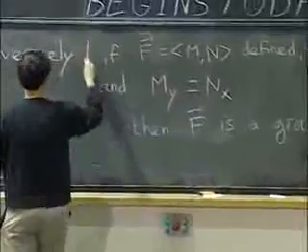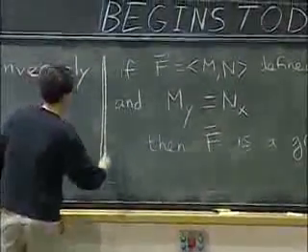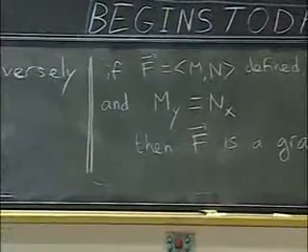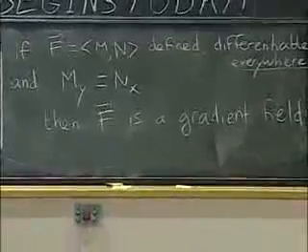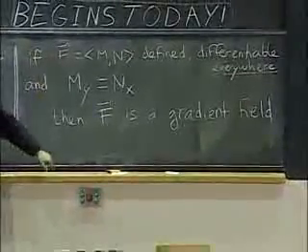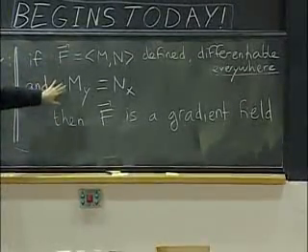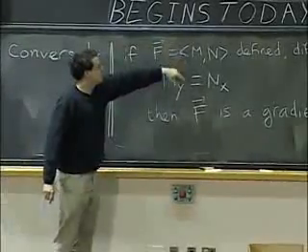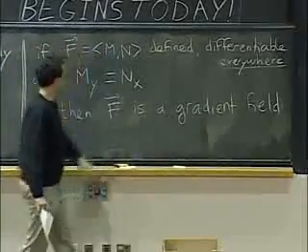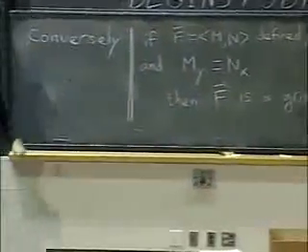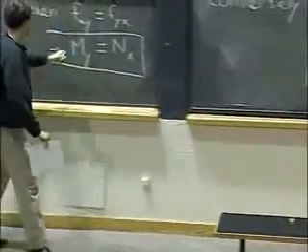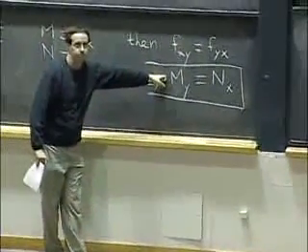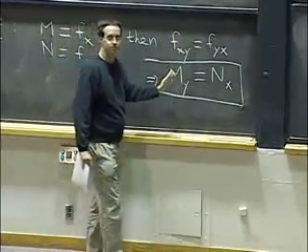We'll shed more light on this a bit later with the notion of simply connected regions. But for now, if it's defined everywhere and satisfies this criterion, then it's a gradient field. If you ignore that technical condition, being a gradient field means essentially the same thing as having this property. So that's what we need to check.